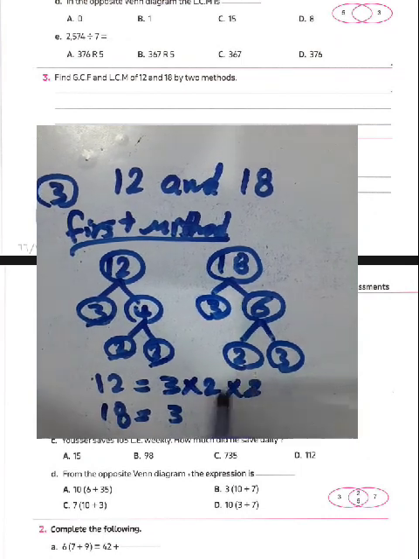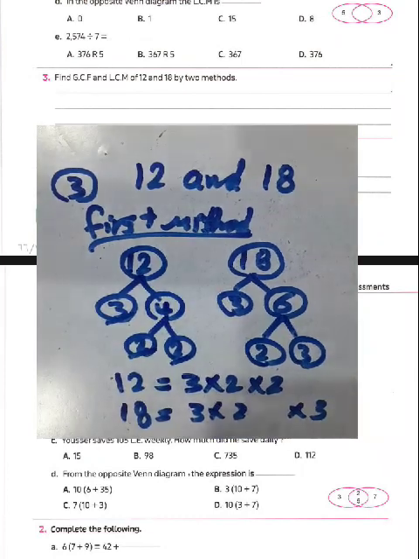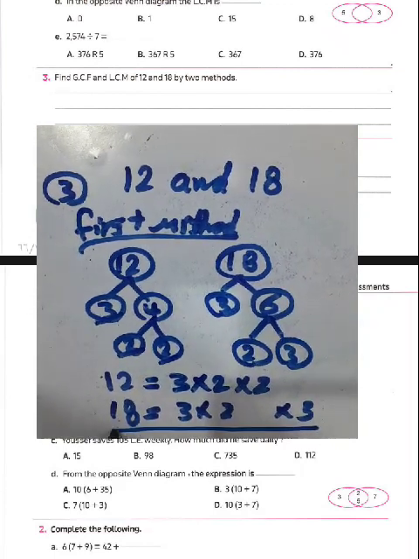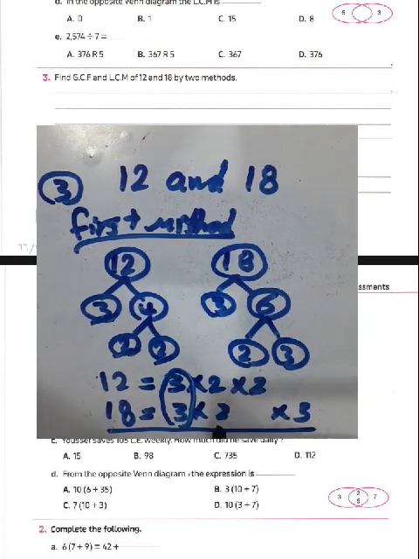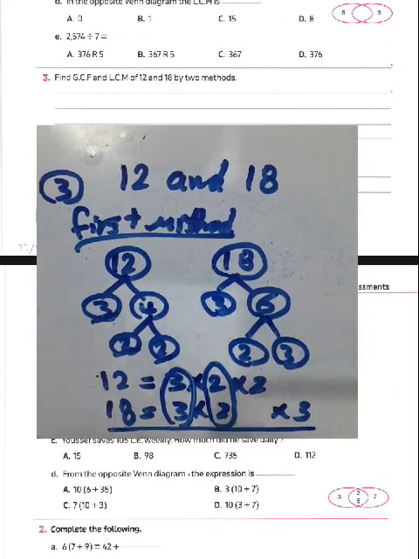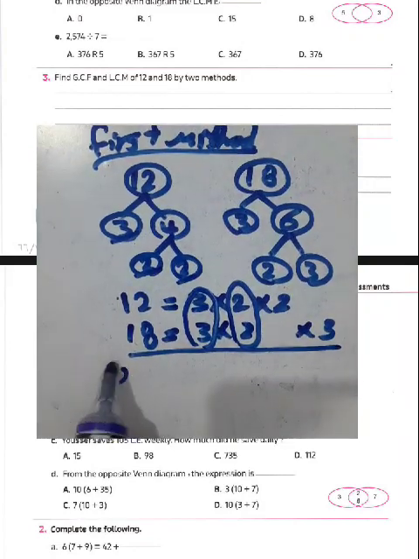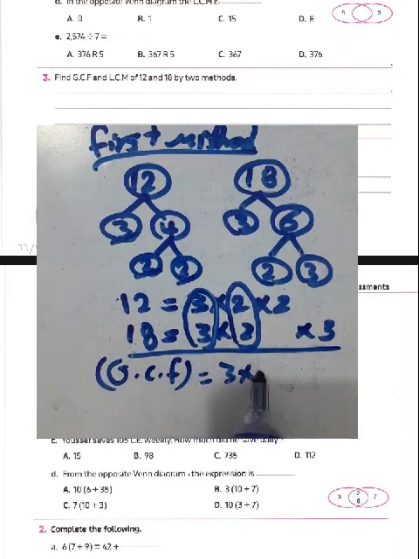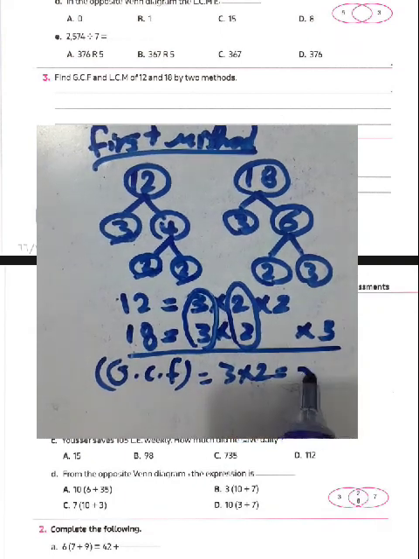You must write each number under the other. Circle the 3 and 3, and circle the 2 and 2, to find the greatest common factor between them. Greatest common factor equals 3 multiplied by 2: put 3 from this circle and 2 from this circle, it will be 6.